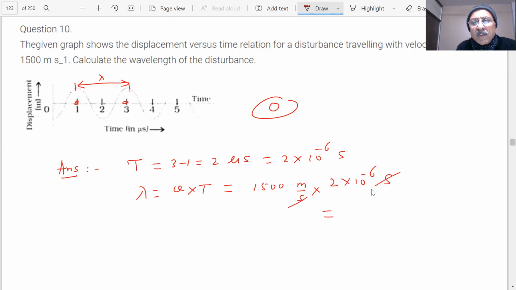How much answer are we getting? 1500 into 2 into 10 to the minus 6, that is 3000 into 10 minus 6, 3 into 10 minus 3 meter. That is the correct answer. Yes, sir. The wavelength is 3 into 10 minus 3 meter.